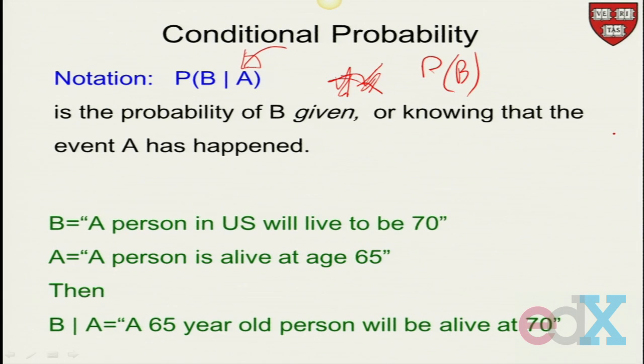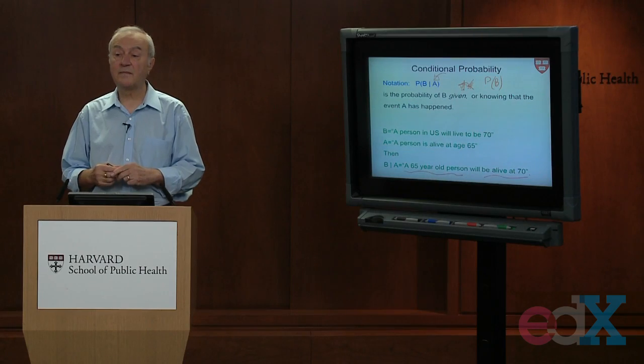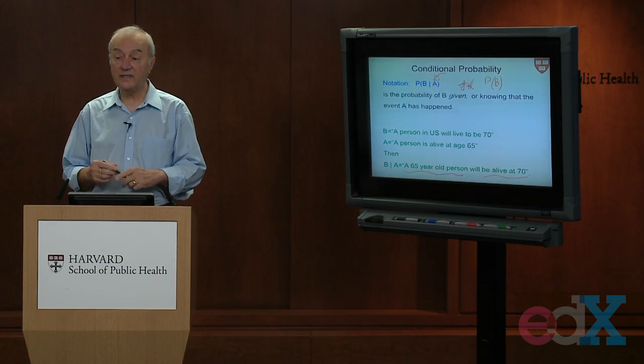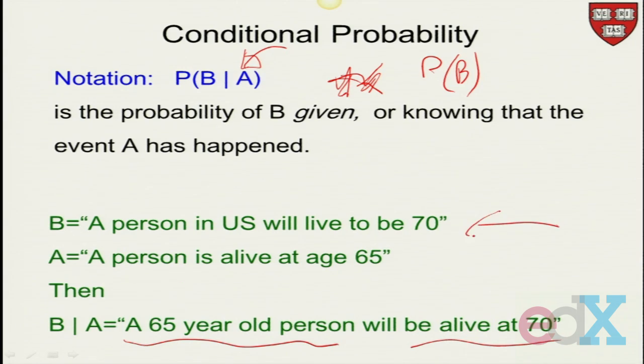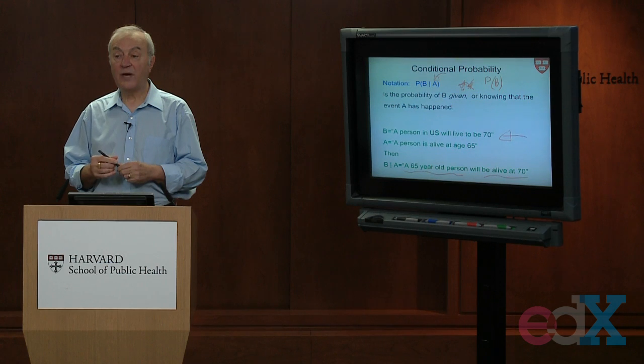Then the event B given A is that a 65-year-old person will be alive at 70. Okay? That's different than B. B can be evaluated at birth or any time later. But of course, we're only interested in the case where we know that A, that the person is alive.